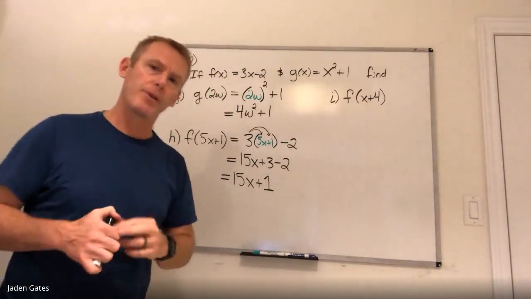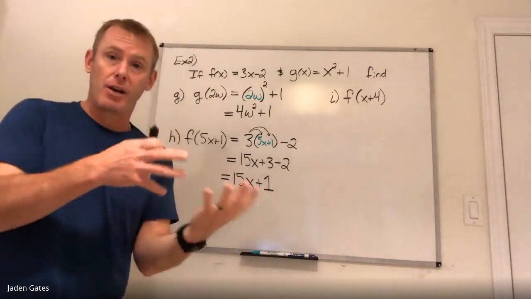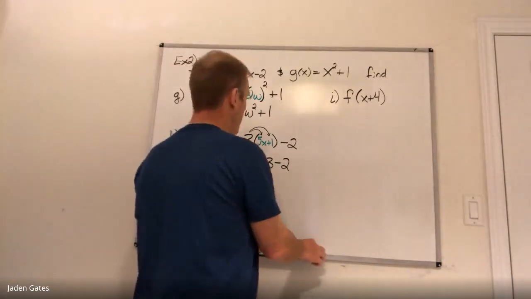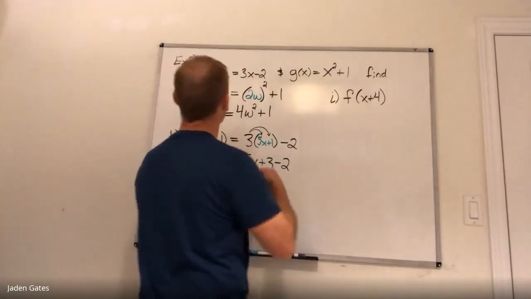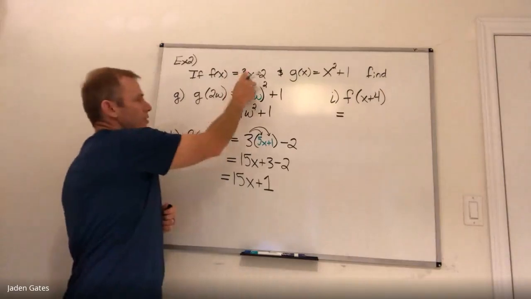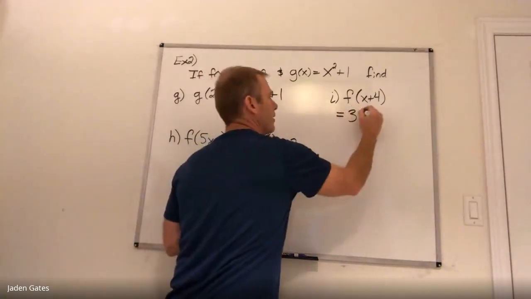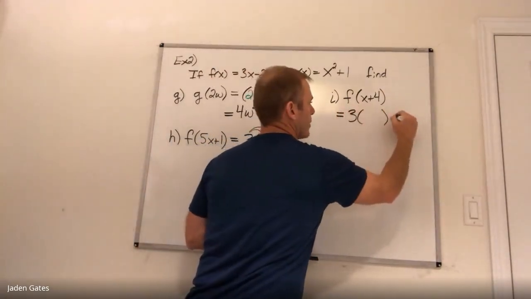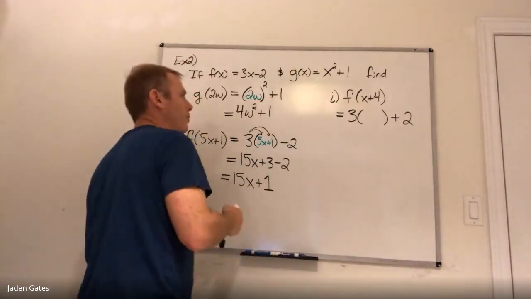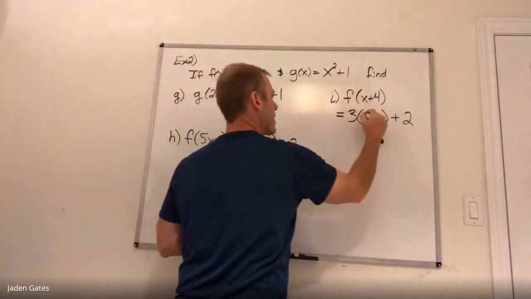That messes people up in that you're subbing in x stuff in for x, but that's how function notation works. So again, my f equation is 3x minus 2, so I have a 3 times x, minus 2. And again, what's going in for x? This time it's x plus 4.